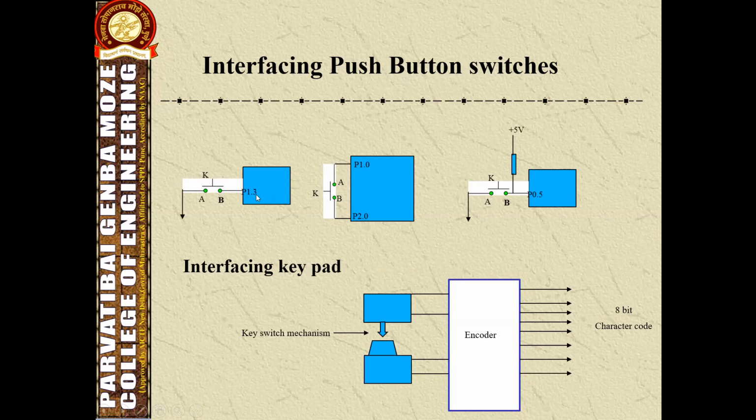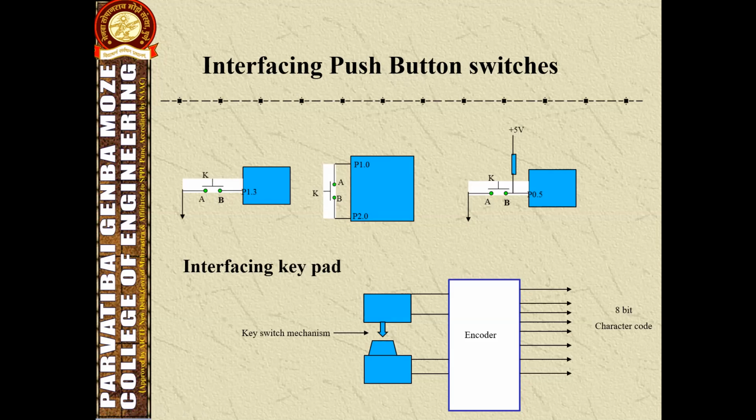The other terminal of the switch is grounded. As shown in this figure, there is no connection between point A and point B; it is an open connection.